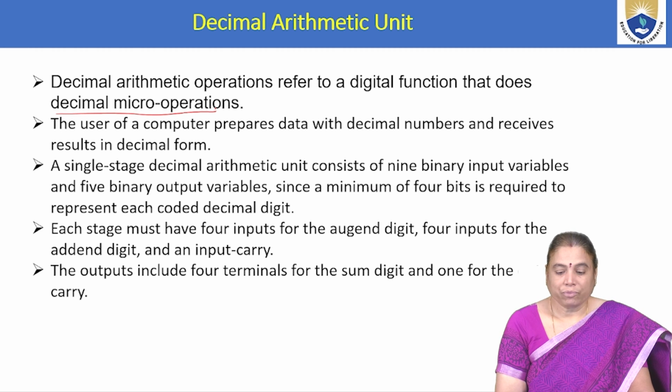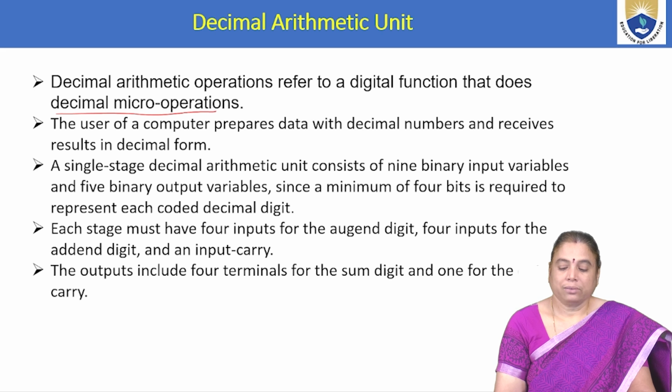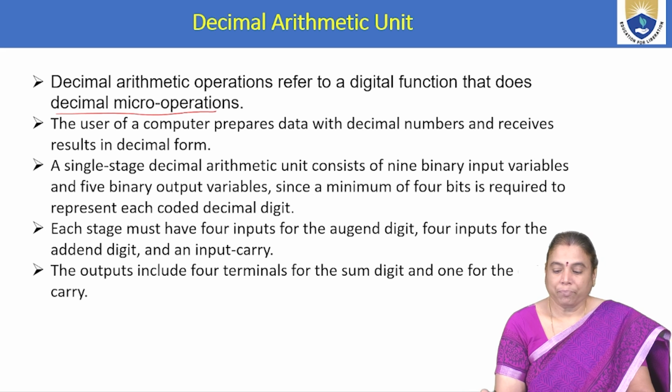The user of a computer prepares data with decimal numbers and receives the result in decimal form. So the input data and the output data are both in decimal form. A single stage decimal arithmetic unit consists of 9 binary input variables and 5 binary output variables.